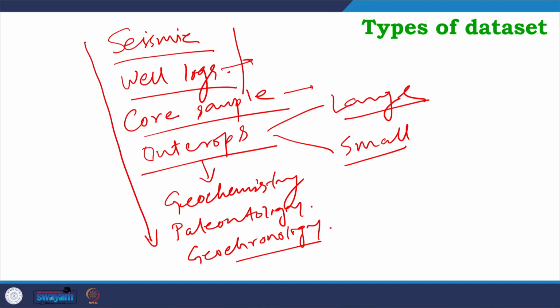So, seismic data or seismic profile is the start point from where we should start sequence stratigraphic work, because understanding of the basin scale tectonics, basin scale sediment profile is very important for interpretation of sequence stratigraphy.